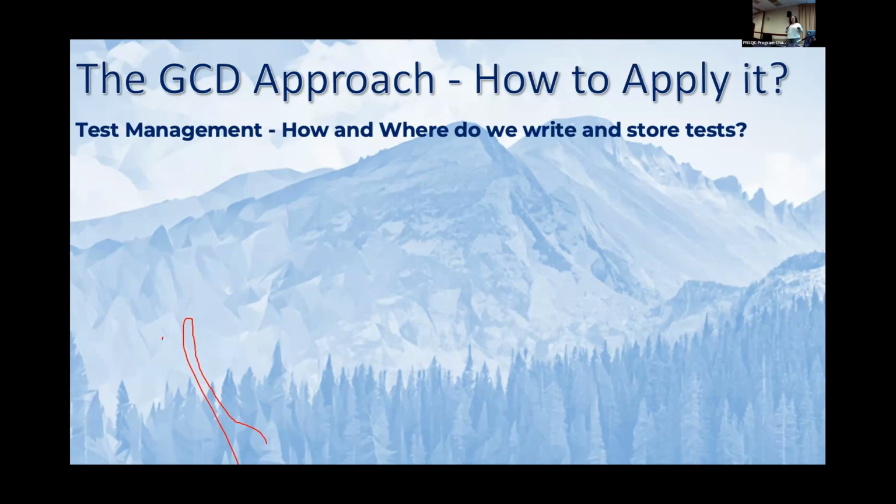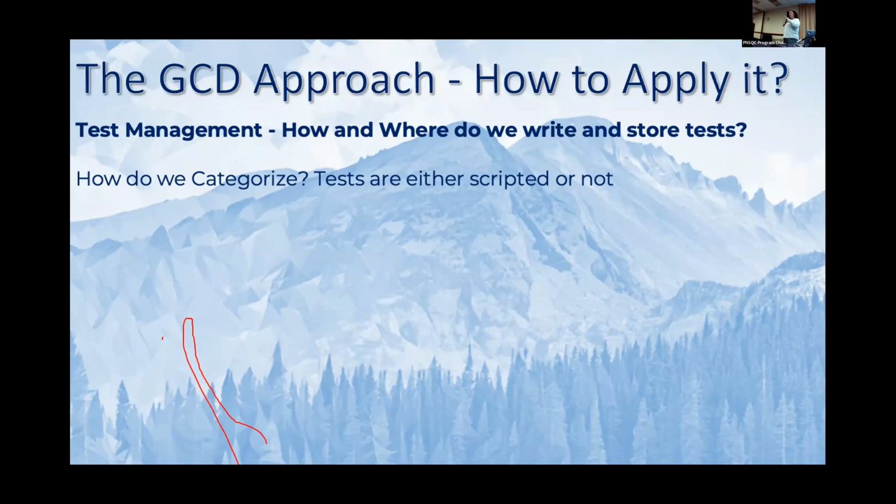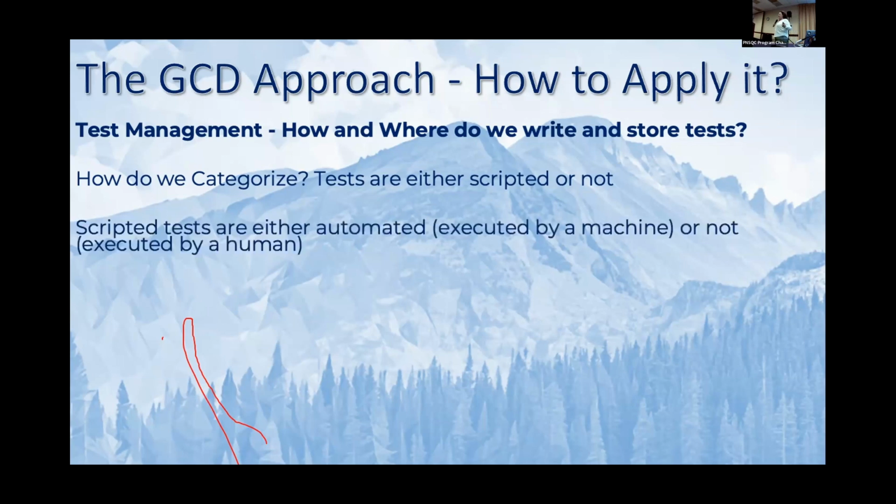How would we apply the GCD approach to test management? So how do we categorize this? The way that I look at it, when we think about test management, we are either looking at scripted tests or unscripted testing, right? And those are equal. Scripted tests look like test cases that are written in a traditional test case management tool, where the eventual execution of those tests is done by that human, that tester.